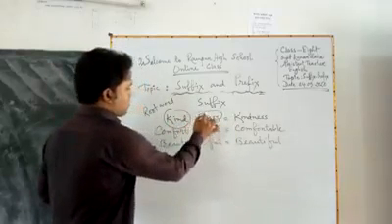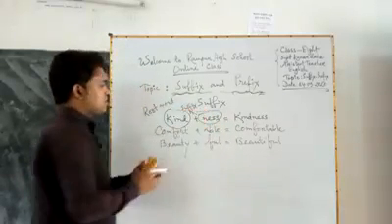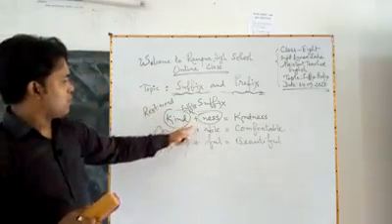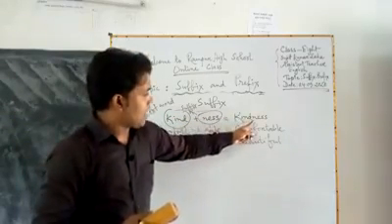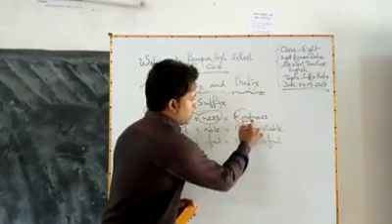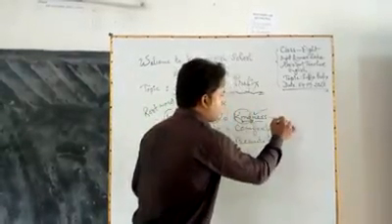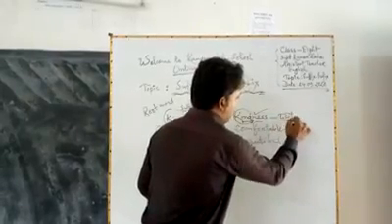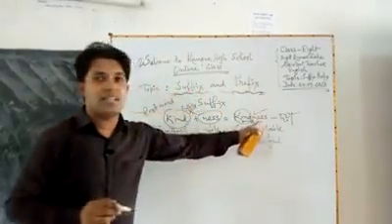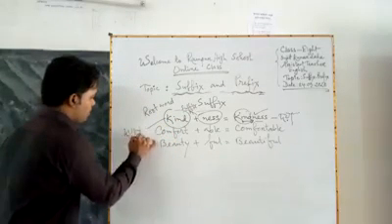Here ness is a suffix. Ness is a suffix which sits at the last of the word and makes a new word, kindness. The Bengali meaning of kindness is doya. But kind is doyalu.